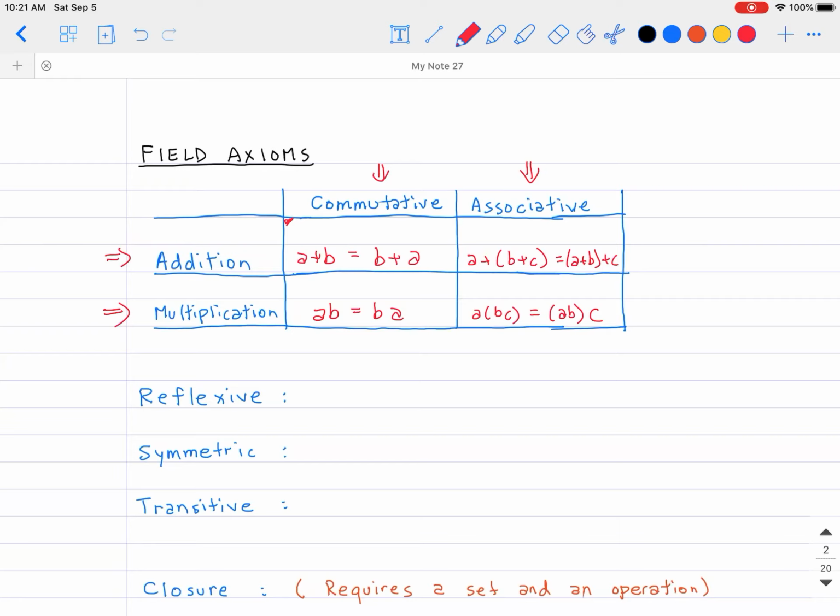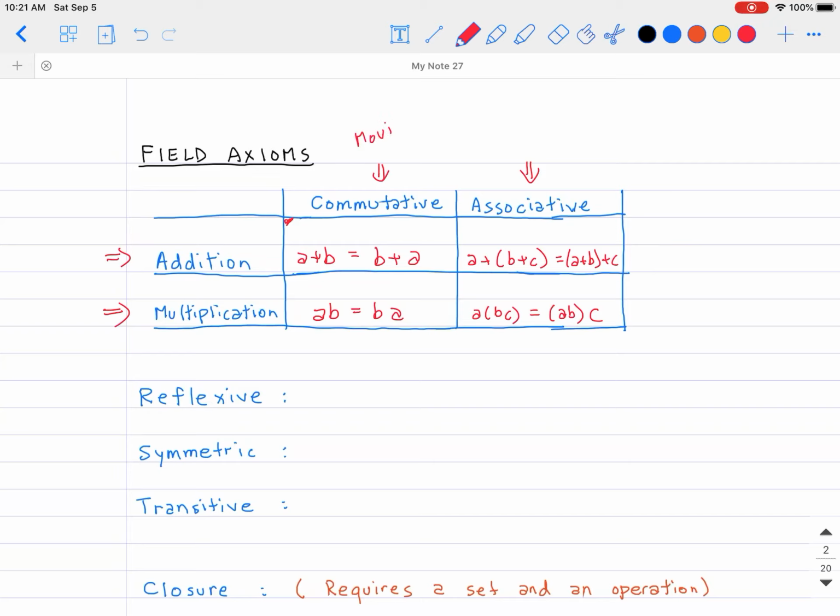The best way for me to tell the difference between commutative and associative is that commutative is about moving, and there are only two variables involved, moving from left to right and right to left. Hence, commute. Whereas associative is about grouping, and there are three variables involved, because what you're doing is changing where the parentheses are located.